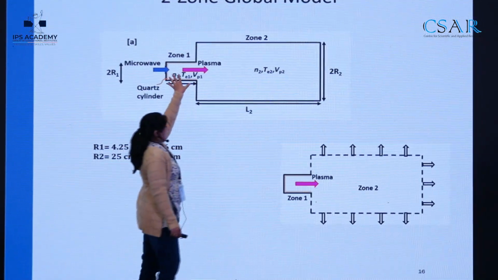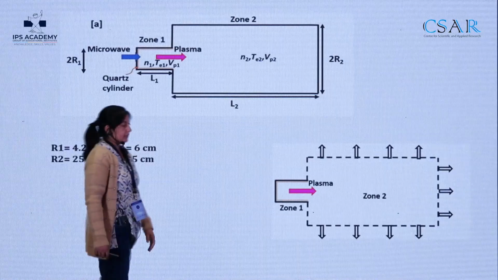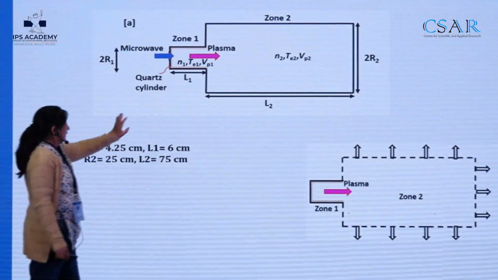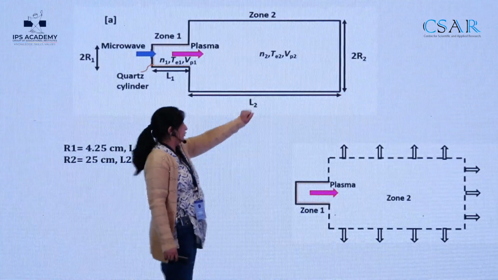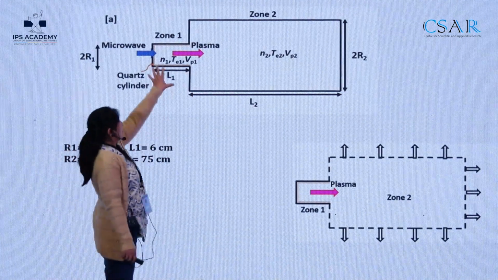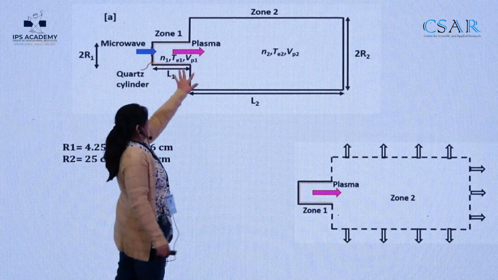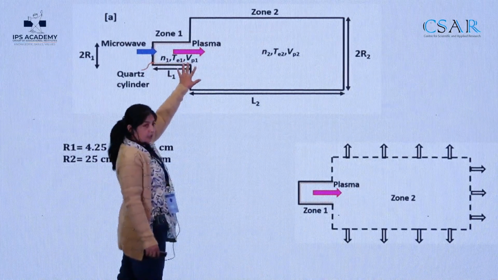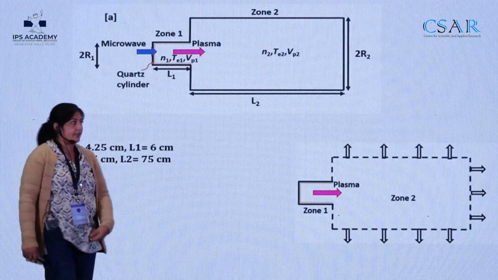In zone 1, plasma is spatially uniform. In zone 2, plasma is spatially uniform. It means the parameters here are uniform, the parameters here are uniform, but they are different from here to here. So we solve the model once here and once here and took the gap to find the potential difference here and then to predict the ion energies.